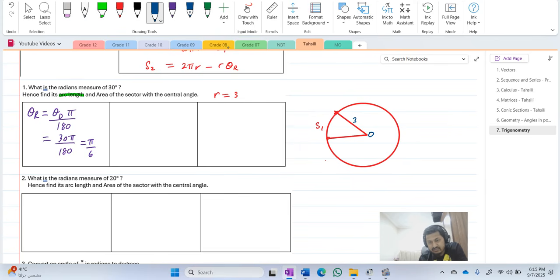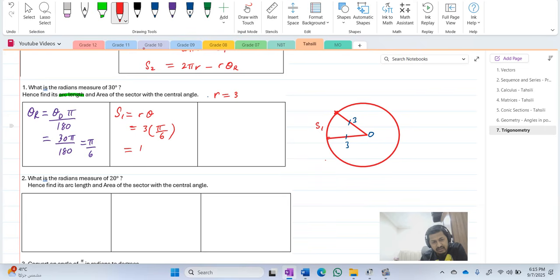Hence find its arc length and area of the sector with the central angle pi by 6 and radius 3. The radius was not given, it should be given in this problem. So radius is 3, we're going to find the arc length. S1 is equal to r theta. The radius is 3, theta must be in radians, so that's pi by 6, right? 3 divided by 6 is half, so we're getting half pi.